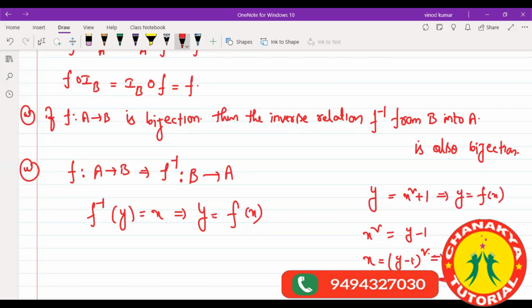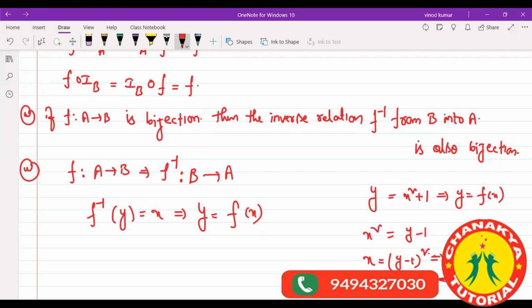Inverse function is very, very important. We will teach so many problems, and the inverse composite functions also. We will also take the inverse with respect to the identity, A to A, B to B. Without inverse function problems, there is no competitive paper, whether MHT-CET or JEE Mains and Advanced.